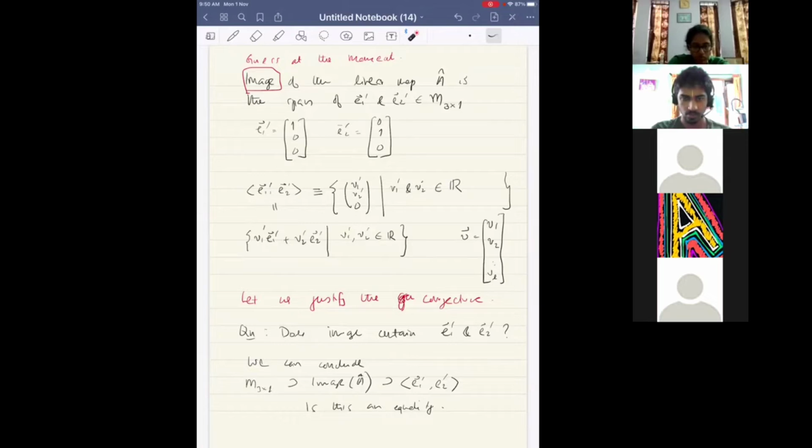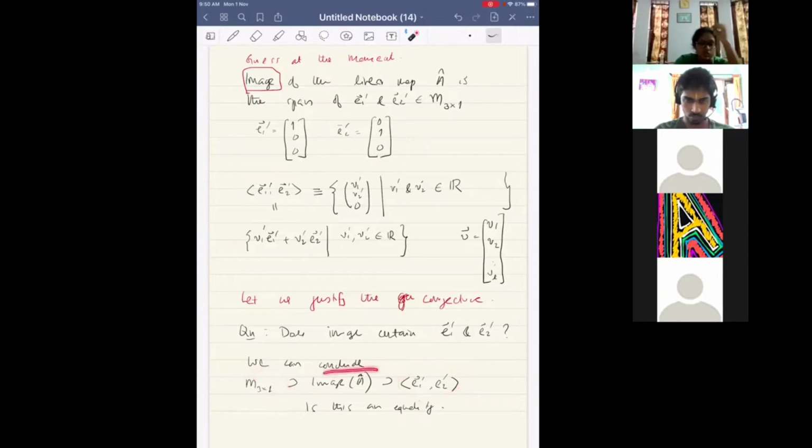Let me just say, if this is not an inequality, then this would be forced to be an equality, right? Because this is dimension 3, this is dimension 2, so this is a subspace which is sandwiched between this and this.